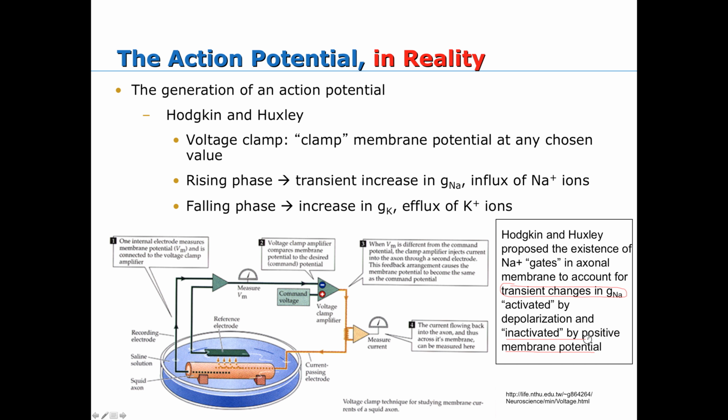This was really cool and groundbreaking research, particularly in the 1950s, using squid axons, being able to understand and propose that it's due to the presence of these channels and gates which allow for the conductance of sodium to cause depolarization, and positive membrane potentials to lead to inactivation of these channels.